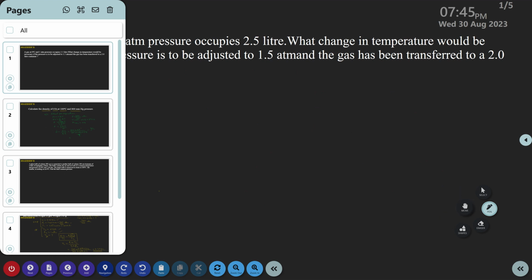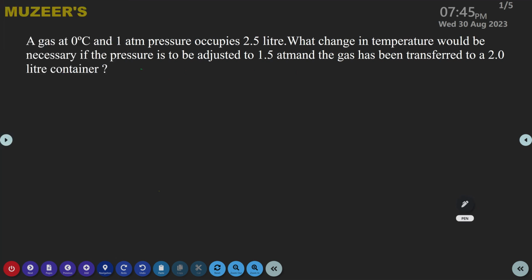See, look at the board. Next, third problem. A gas at 0 degree centigrade and 1 atmospheric pressure occupies 2.5 liters. What change in temperature?